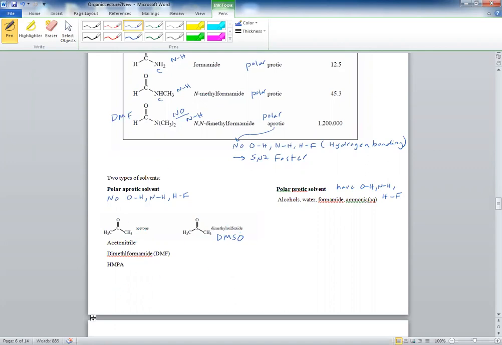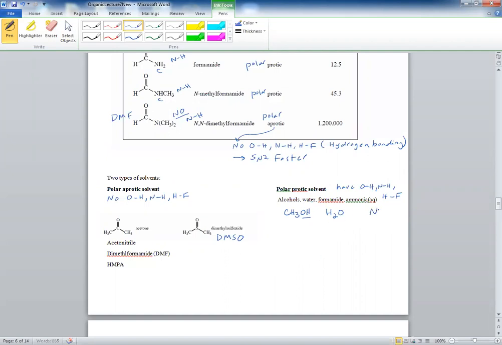Just be aware of some of these polar aprotic solvents, and for polar protic solvents, just look for, again, the OH, NH, HF bond. So we saw that in methanol, like here, we have an OH bond. In water, we have the H2O bond.